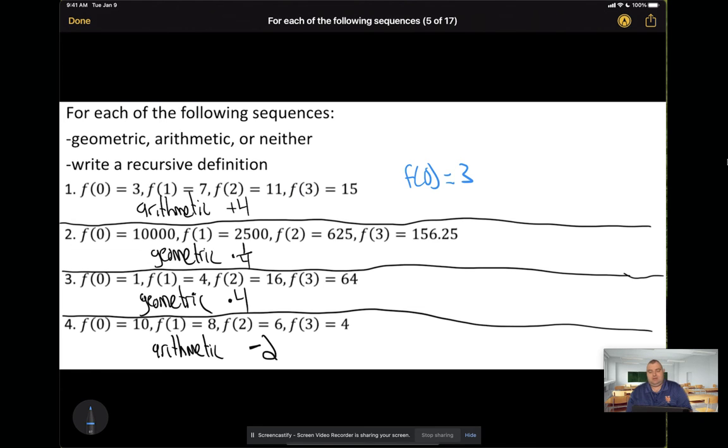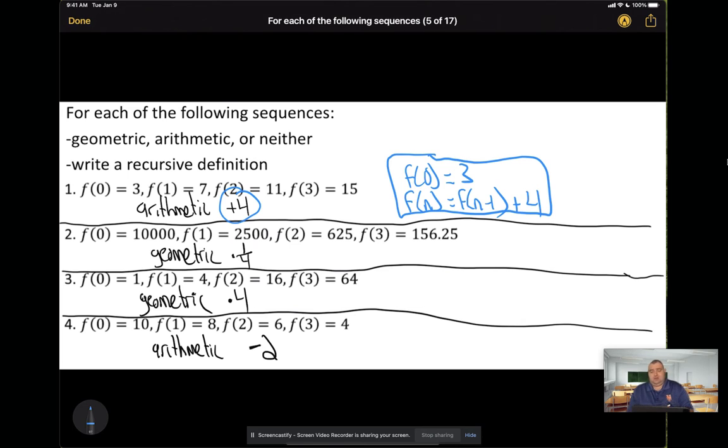The way we do that is to write f of n equals f of n minus 1, and then we're going to write the pattern. The pattern in this case was to add 4 each time. So the second part is going to be f of n equals f of n minus 1 plus 4. These 2 parts are the entire recursive definition for number 1.